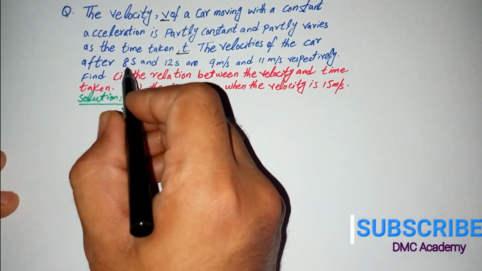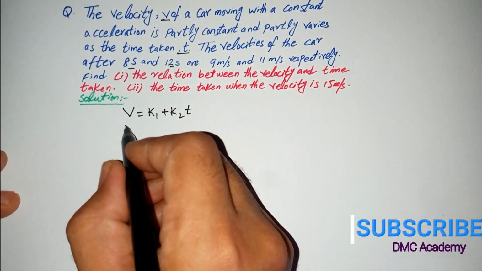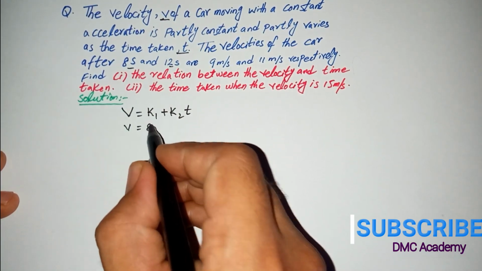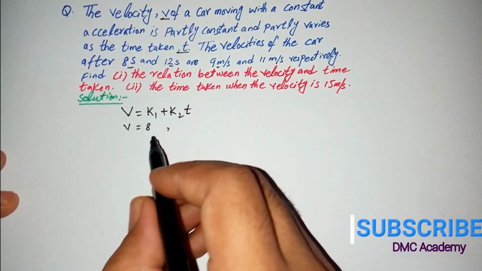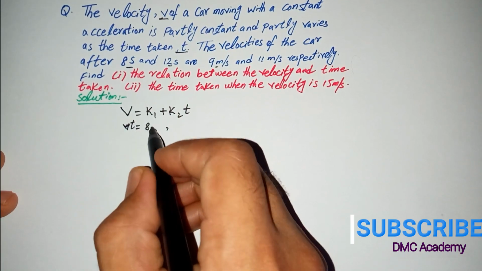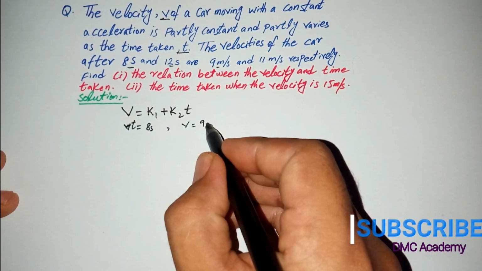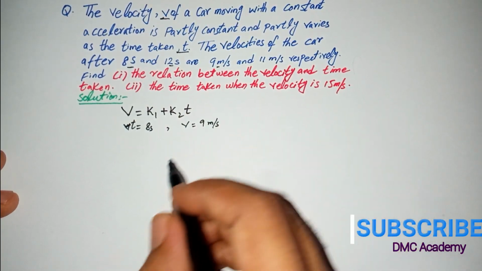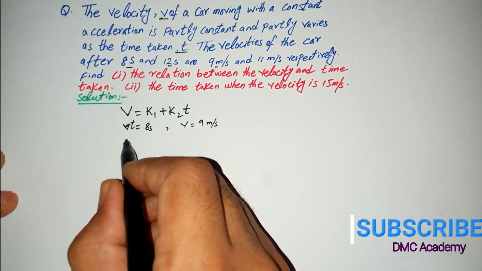Velocities of the car are at 8 seconds and 12 seconds. When t is 8 seconds, the velocity will be 9 meter per second.